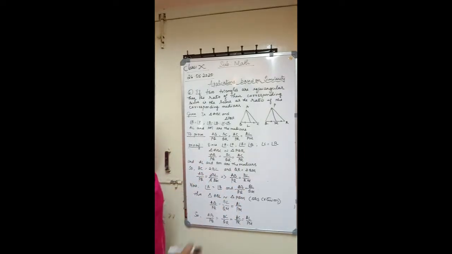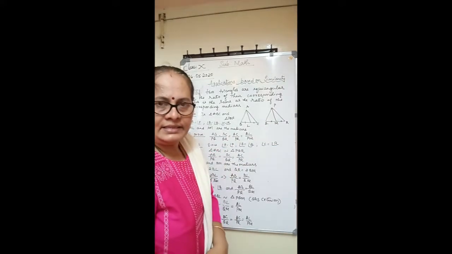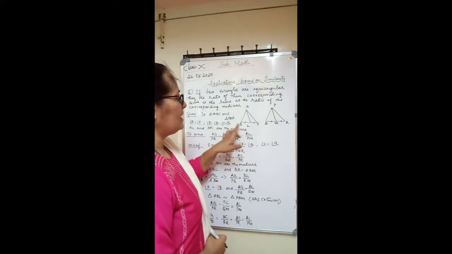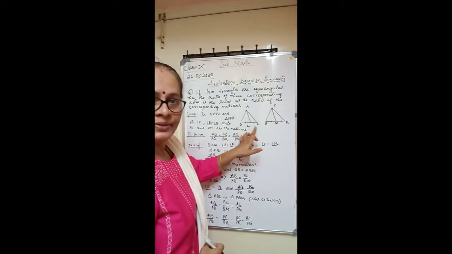Okay. Now, after this, AL and PM are the medians. So, the median AL bisects BC, yes, BL equals CL.